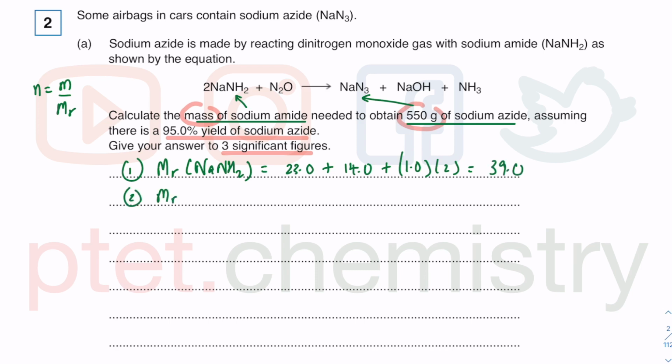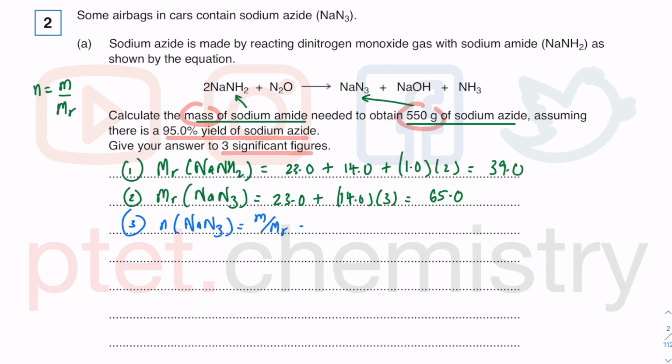And for the Mr of NaN3, there's 23.0 plus 14.0 times 3, I get 65.0. Next up, we can try to convert this into our desired mole ratio, but we first find the moles of NaN3, as that is the information given to us.